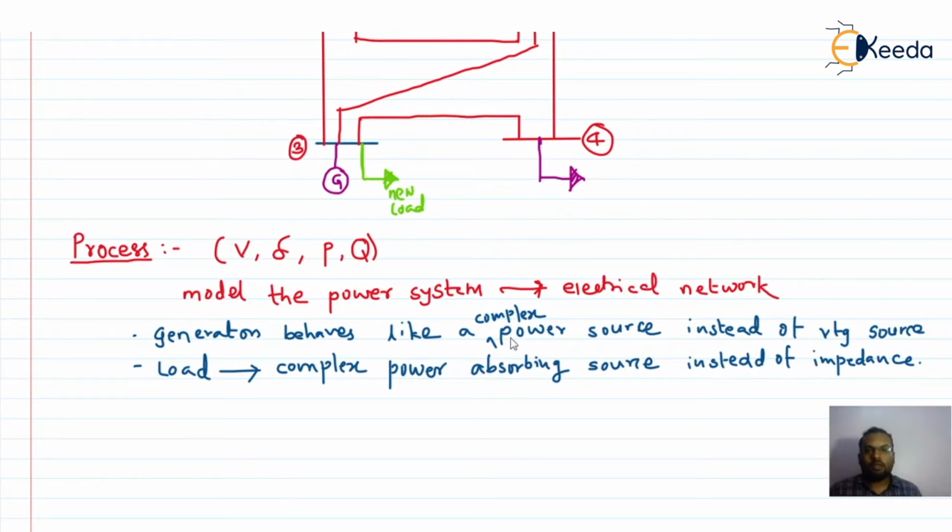These are the two reasons why, whatever electrical network we get after modeling the power system, we cannot directly analyze this modeled electrical network of the given power system.